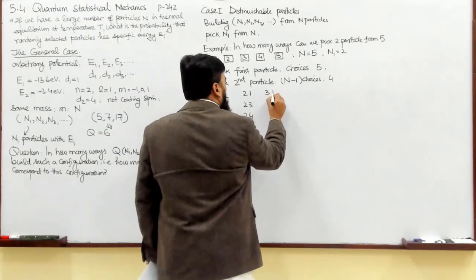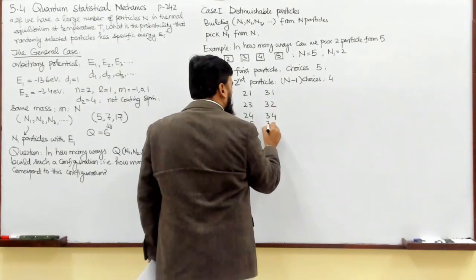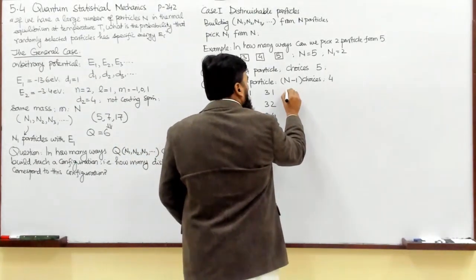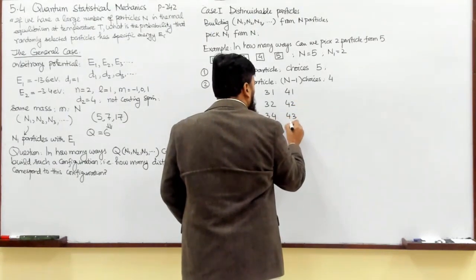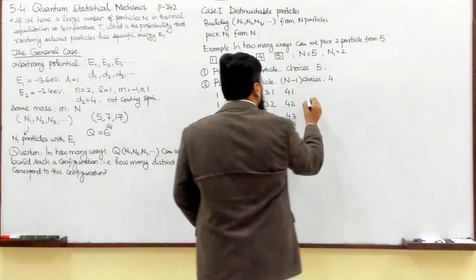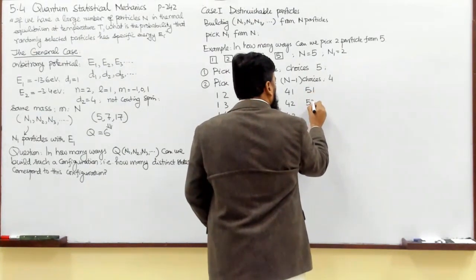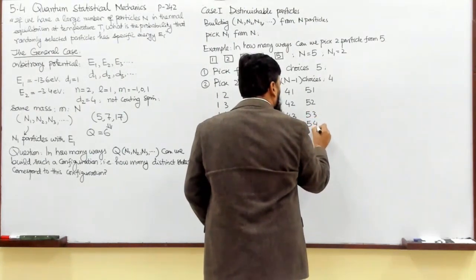Similarly, with 3 I can pick 1, 2, 4, and 5. With 4 I can pick 1, 2, 3, and 5. And with 5 I can pick 1, 2, 3, and 4.